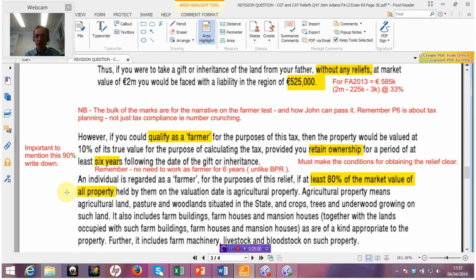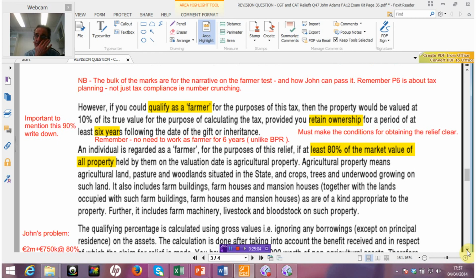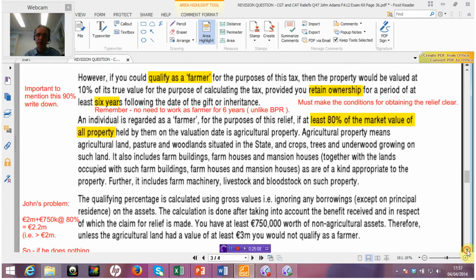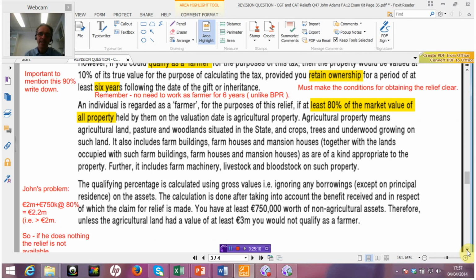So what about this farmer test, and what's the problem that this individual has? Well, the problem is really that we have to make a calculation of 80% of the market value of all property held by John, in effect assuming that the transfer has already been made.